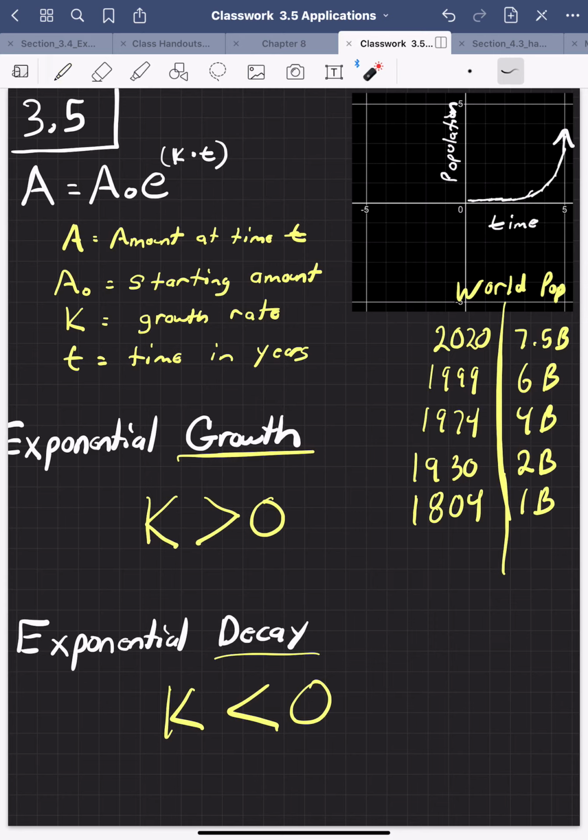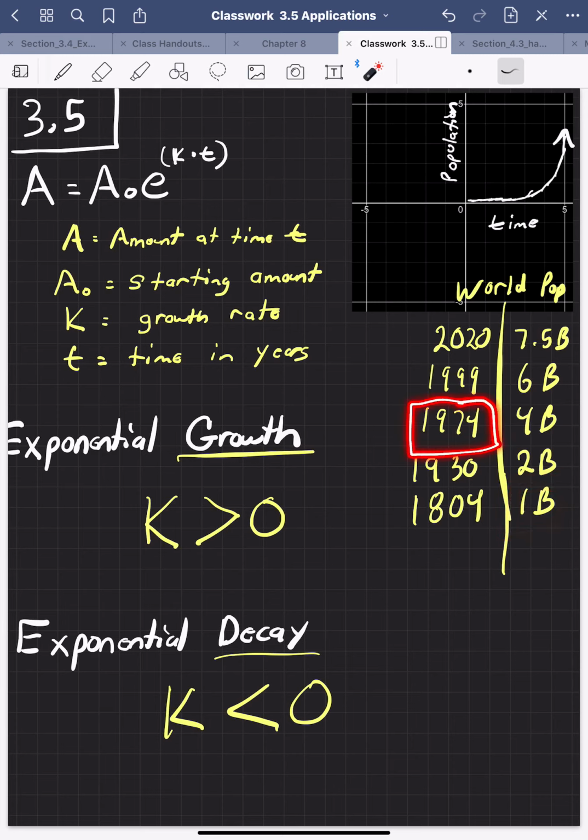Now that's interesting if you think about that. It took us until 1804 to reach our first 1 billion people on Earth. It took us until 1974 to reach our first 4 billion. And just look at the growth, right? We're already at almost 8 billion in 2020.